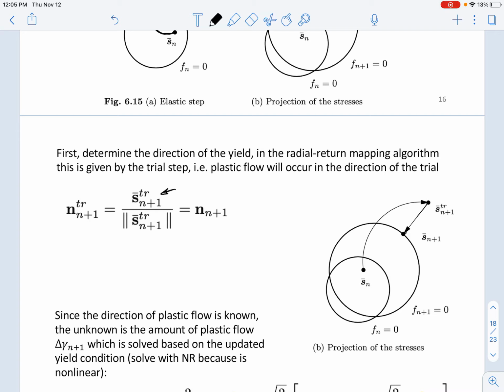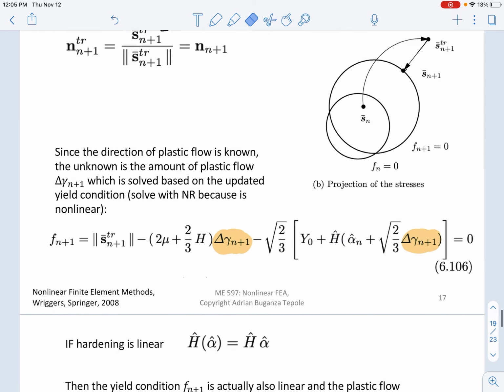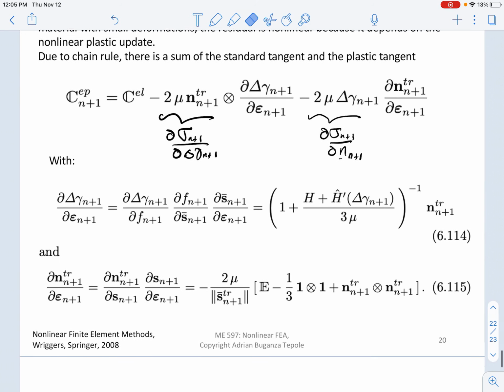So to see that it actually depends on these total strains. So this n n plus 1 depends on this trial of the stress. And then if you go back here, you can see that this S trial actually depends on the total strains. So that's how you would get back. You need to take a derivative of this with respect to the total strains.